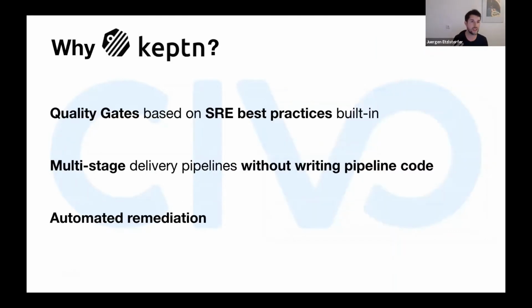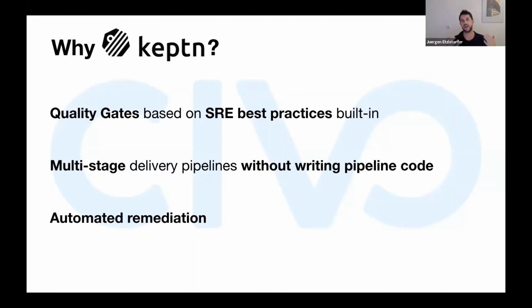So why would you want to use Keptn? First of all, because it really makes your life easier as a developer. If you want to check the quality of your service, we have automated quality gates within Keptn, and these are based on SRE best practices. I will show you an example on the next slide. It comes with multi-stage delivery pipelines. If you think of having multi-stage delivery like dev, pre-production, and production, that's basically 3 lines of configuration in Keptn.